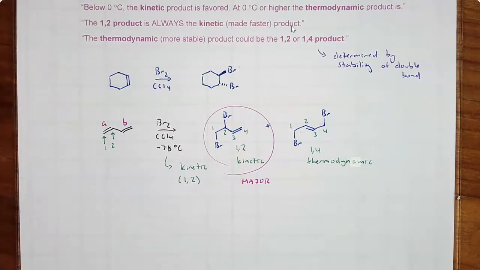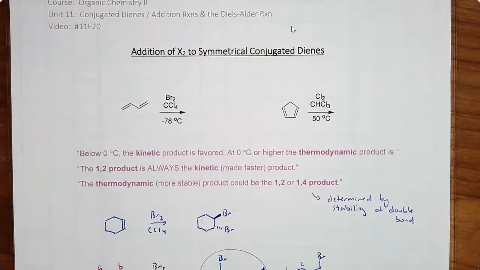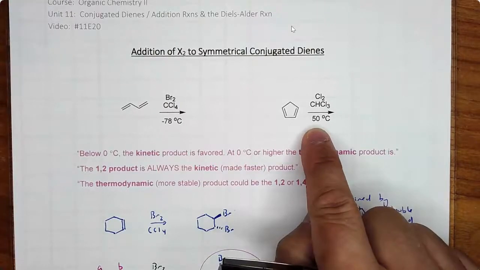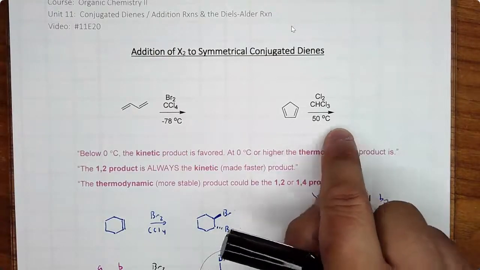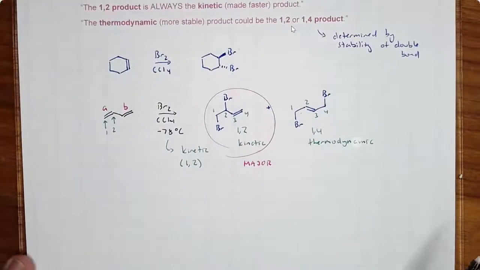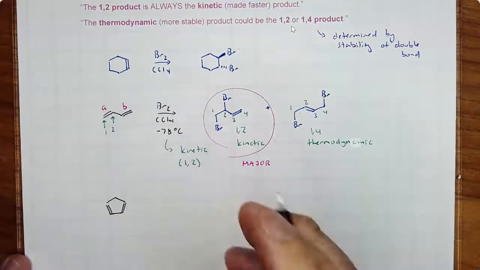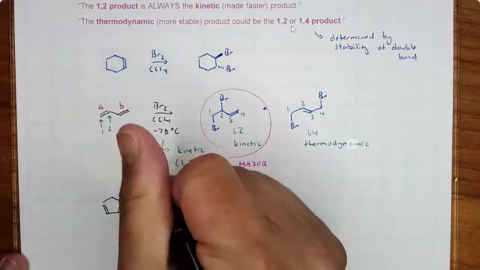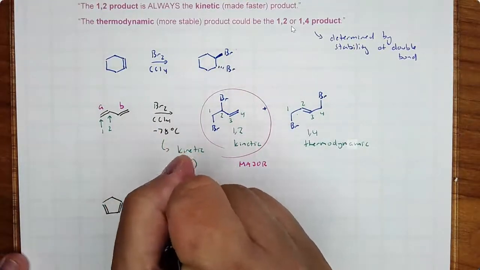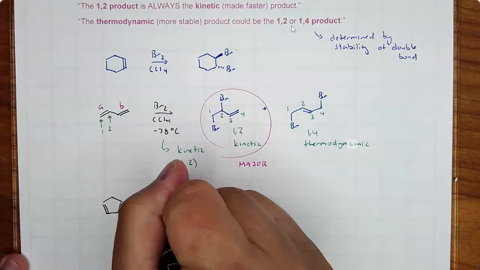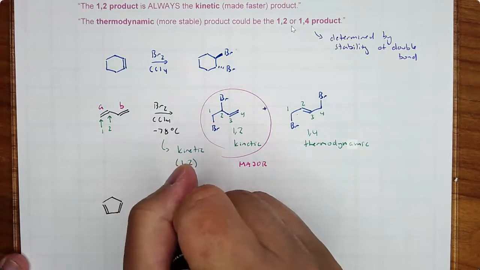Okay. For the second problem, we're above 0 degrees, so here we're aiming for the thermodynamic. Let's see what we get when we react this diene. Again, it is symmetrical. Chlorine. The chlorinated solvent here is just random, but I'll choose chloroform.